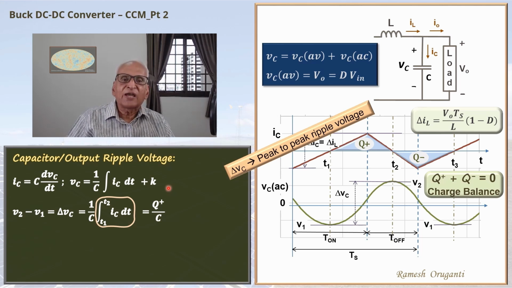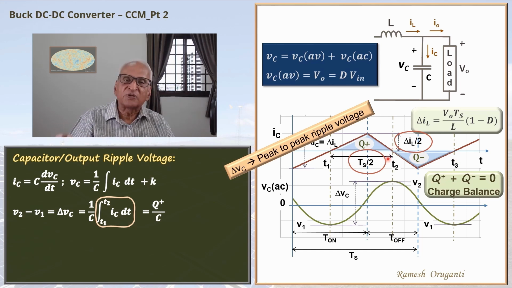Now we wish to calculate the Q plus value. This triangle is identical to this triangle. You can check it. The height of the triangle is delta IL by 2. The base of the triangle is half the period; from T1 to T3 is one period, so between T1 and T2, it is half a period.